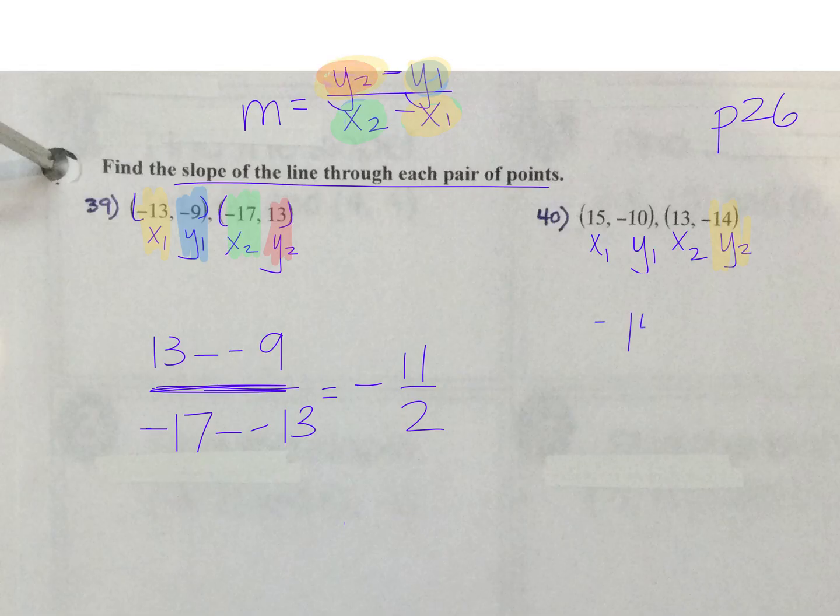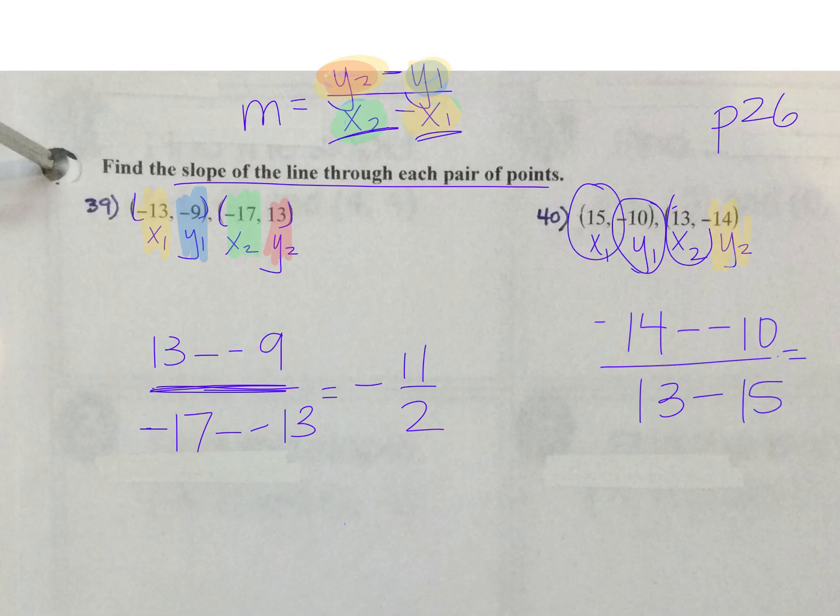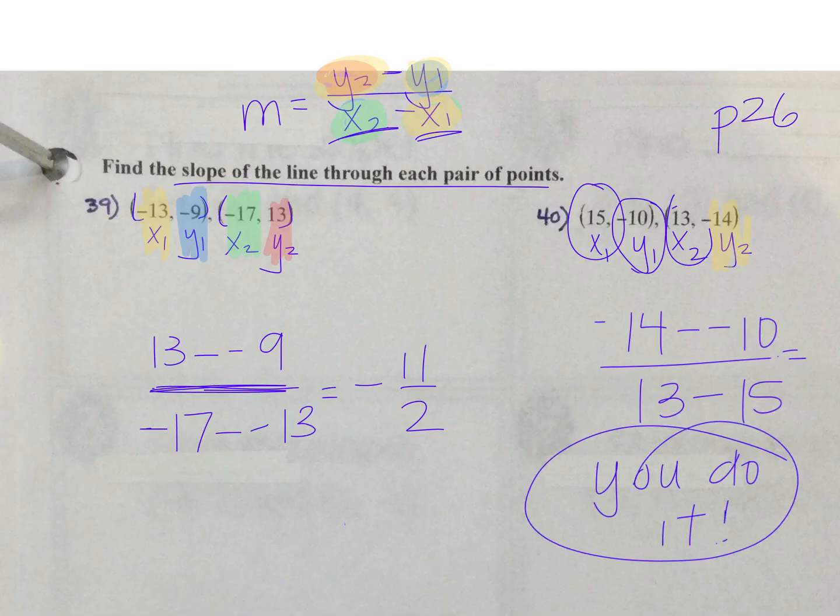So negative 14 minus y1, negative 10, divided by x2, 13 minus x1 is 15. When I do that, I want you to do it. You finish it. All right, thank you.